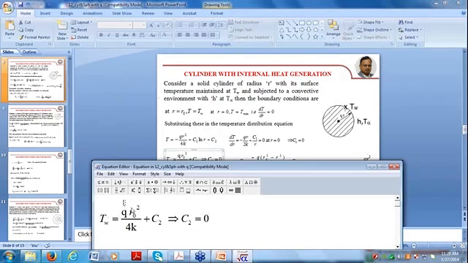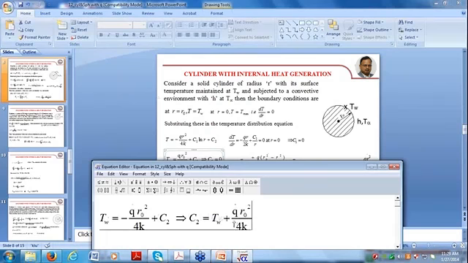So that leaves C2 equal to TW plus Q dot R naught square by 4K.